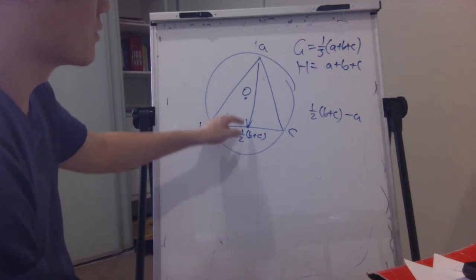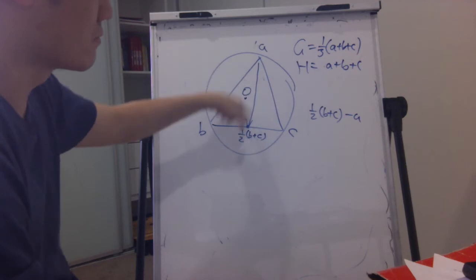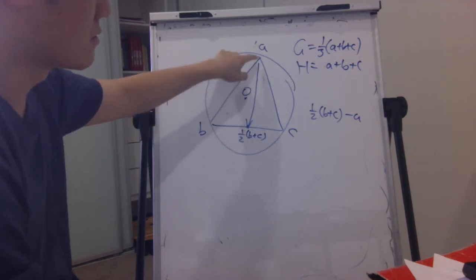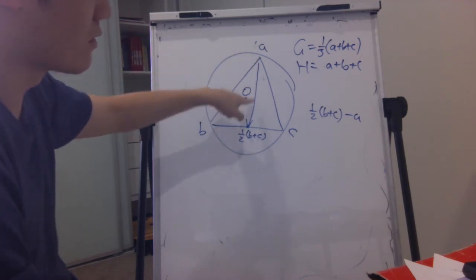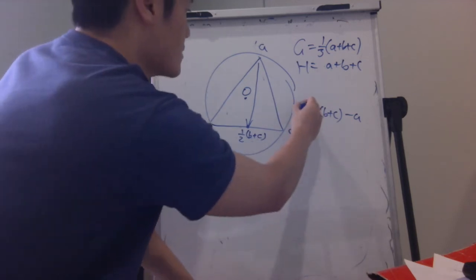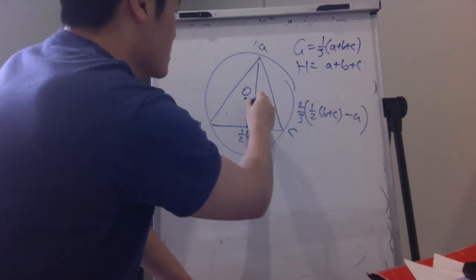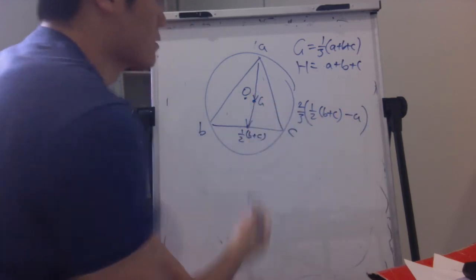And you know that the centroid, the intersection of these medians, is 2/3 of the way along, right? So if you times it by 2/3, that'll get you this arrow joining A to G, right?